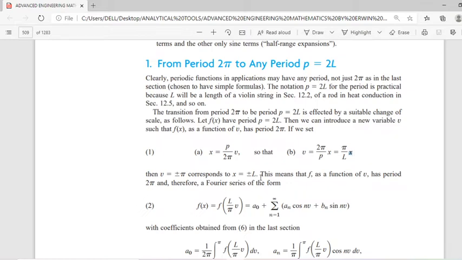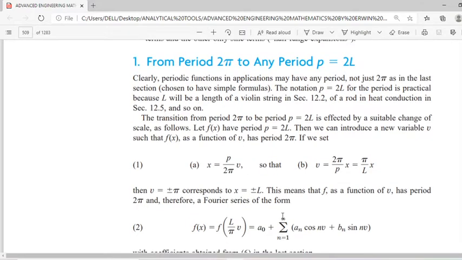So from the function with period 2l, we have transformed the variable, and the function with the new variable will be in between minus pi and pi. That is the beauty, because we know the methodology for finding the Fourier series with period 2 pi. So the arbitrary period is transformed into period 2 pi by this transformation, as we saw in equation number 1.